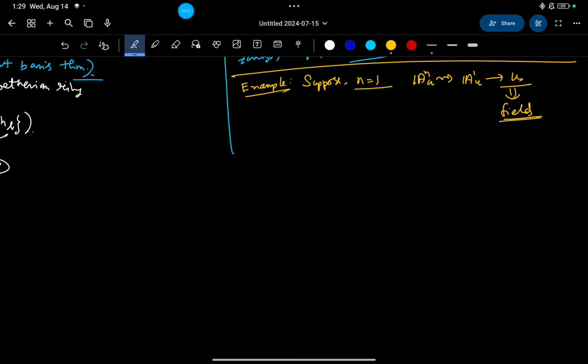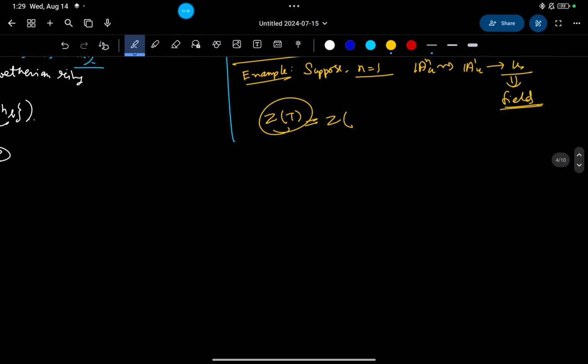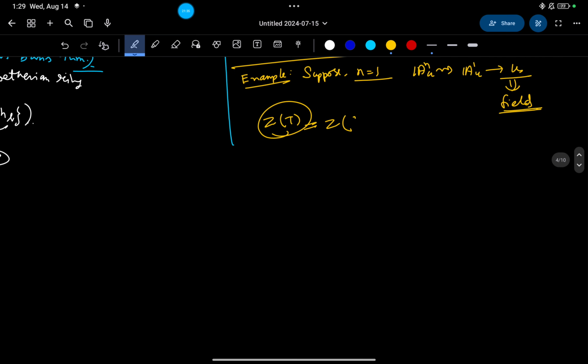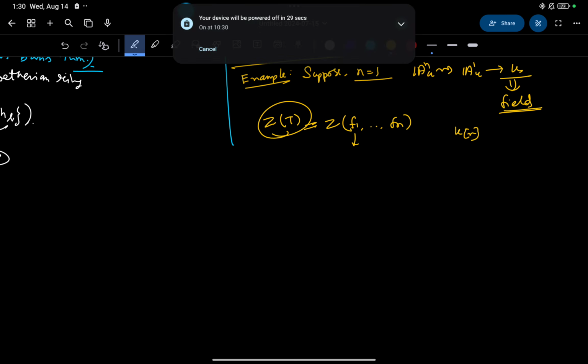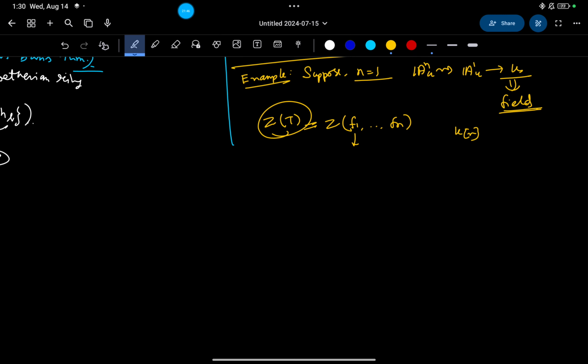So as we have said, what about Z(T)? So Z(T) is the zero set of some finitely many polynomials, let's say f1, f2 up to fn. Now f1, ..., fn are each in K[x]. So each of them can be split up in linear terms.